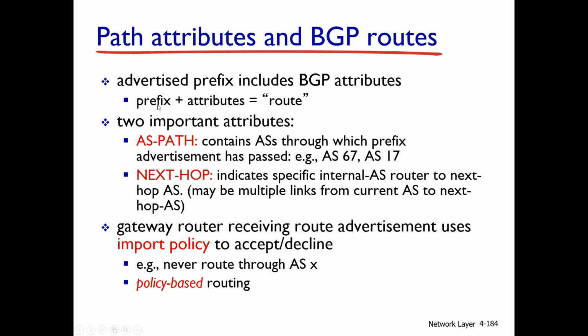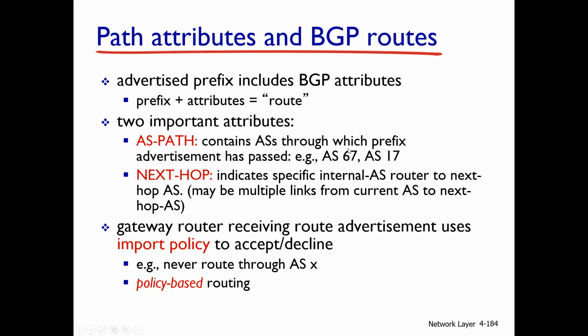So a route includes a prefix, which is the range of IP addresses, and attributes. Within the attributes you have two important attributes, and we'll come to this in a minute. The prefix and attributes together make up a route. Now an AS path contains the names of the ASs which you will traverse to get to a destination.